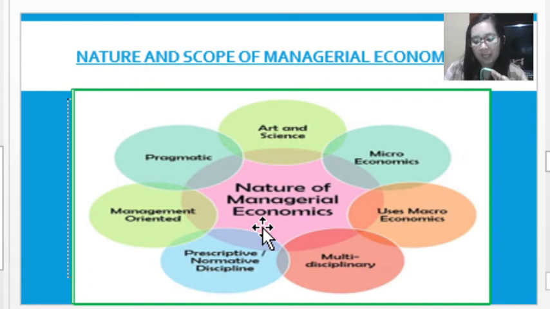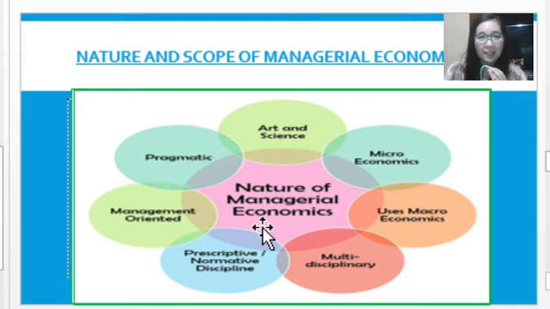The next is that managerial economics is said to be management oriented, of course, since we are dealing with business problems. Basically, it's more of a management oriented subject matter.